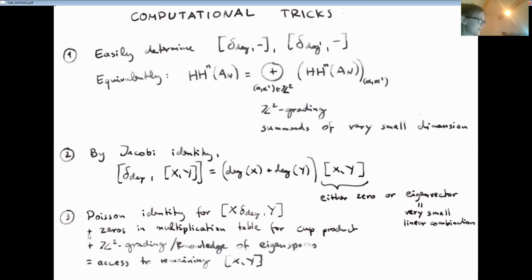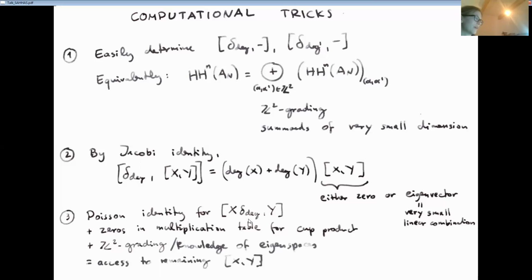This is also very convenient. And last but not least, we were making heavy use of the Poisson identity, and we typically applied it to expressions of the form: we wanted to compute the Gerstenhaber bracket of 2 elements x and y, and we just multiplied one of them with one of our degree derivations.